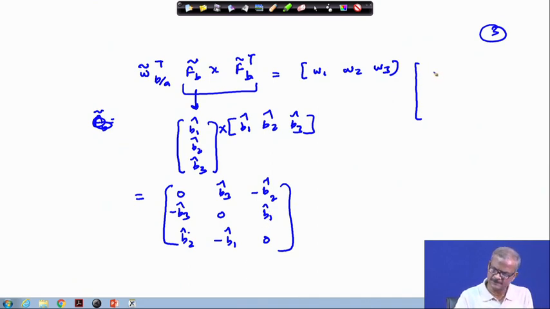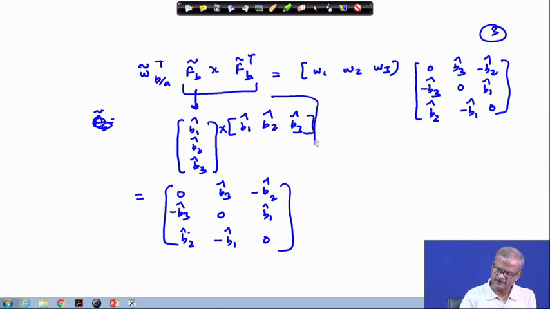So, we can just insert here in this place 0, B 3 cap, minus B 2 cap, minus B 3 cap, 0, B 2 cap, 0, and then multiply it and solve it. So, after solving you get it in this format.